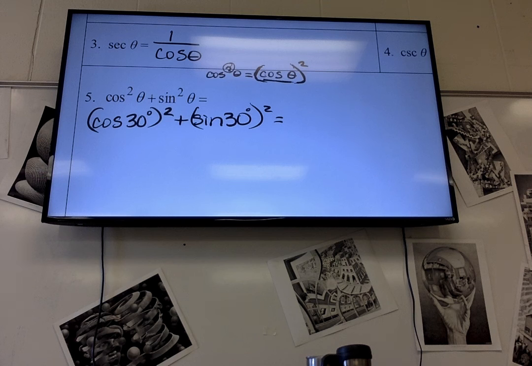So we are going to figure out what this is equal to by doing an example. You looked at the table and found out that cosine of 30 was square root of 3 over 2. So I'm just replacing cosine of 30 with what it's equal to. What's the sine of 30? 1 half.